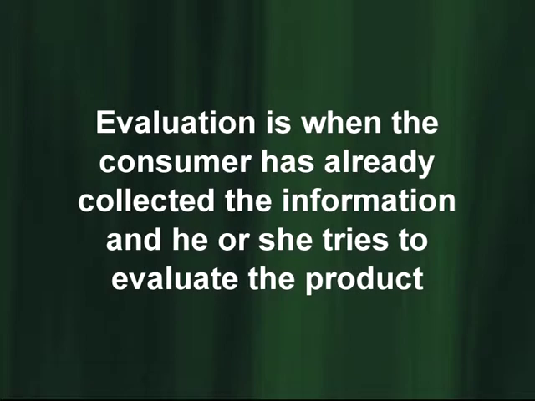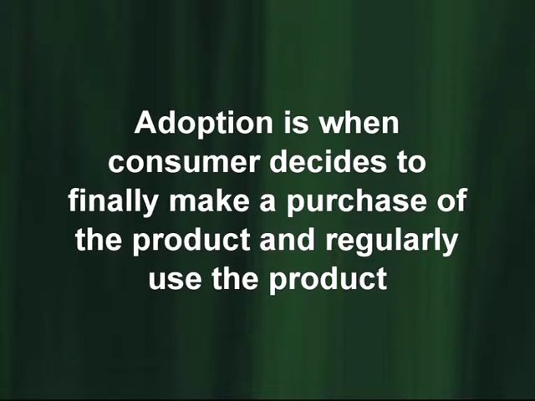Evaluation is when the consumer has already collected the information and tries to evaluate the product. Trial: once he or she has evaluated the product, he or she would like to make a trial or use the product before making a decision to buy. And finally, adoption is when the consumer decides to make a purchase of the product and regularly use the product.